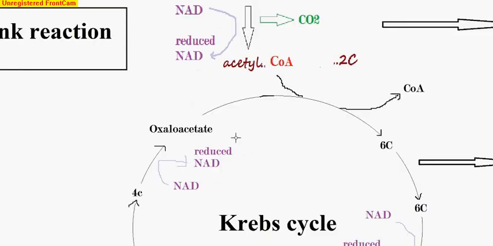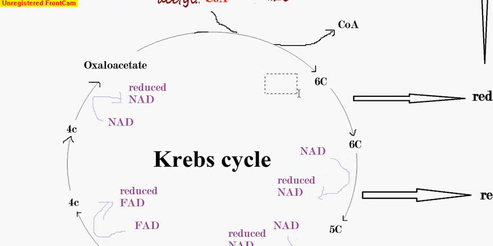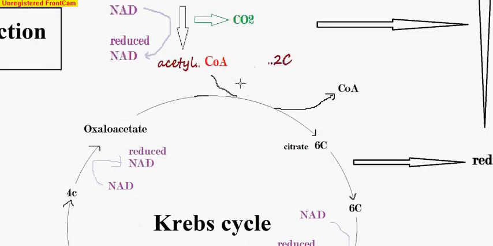Now this cycle looks scary and complicated, but it's not complicated. Here we have citrate. Sorry, I didn't write that before. So that's citrate here, which is 6C, and this acetyl coenzyme releases its coenzyme and becomes citrate, which is 6C.